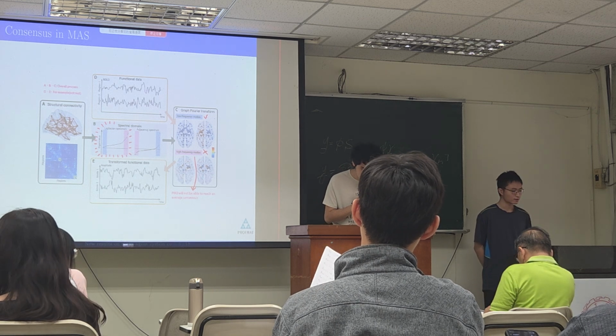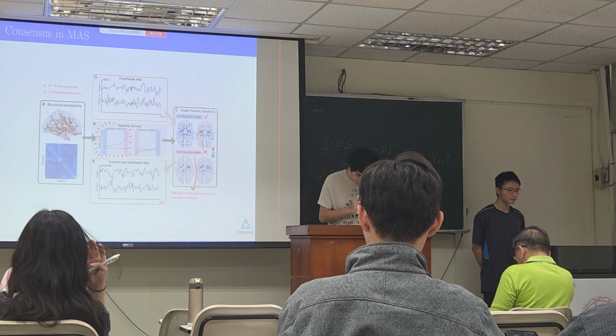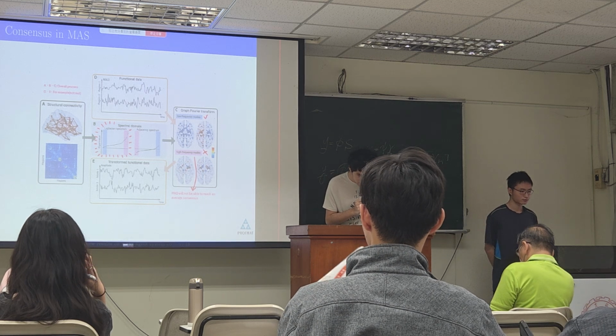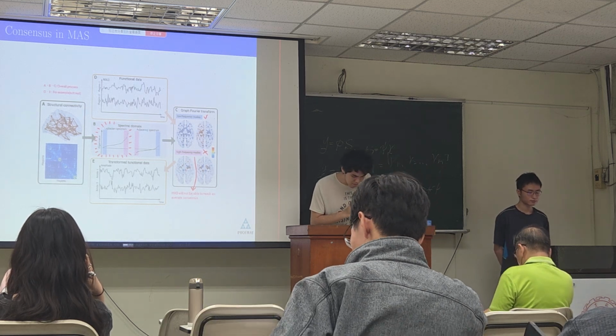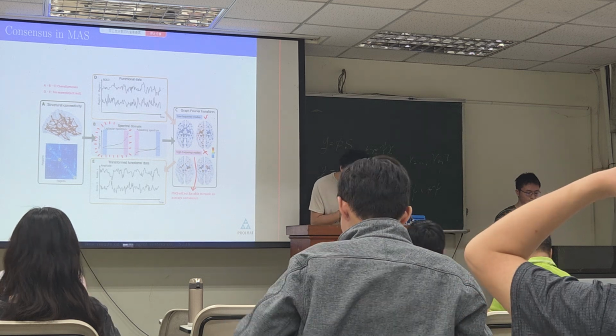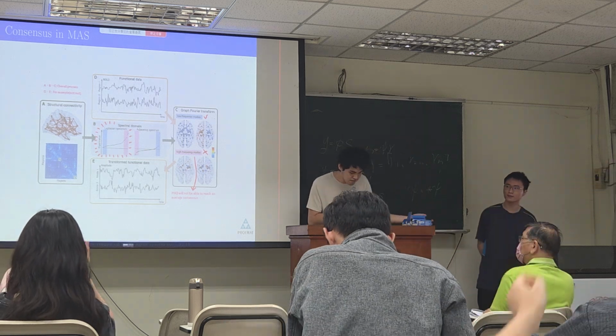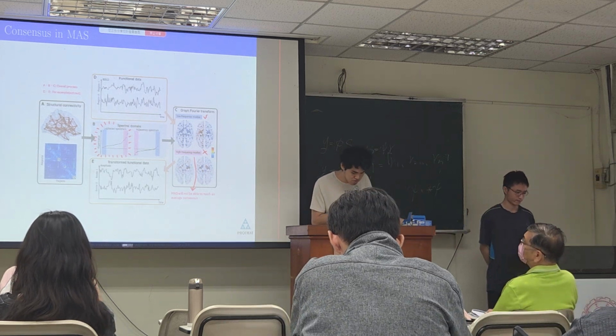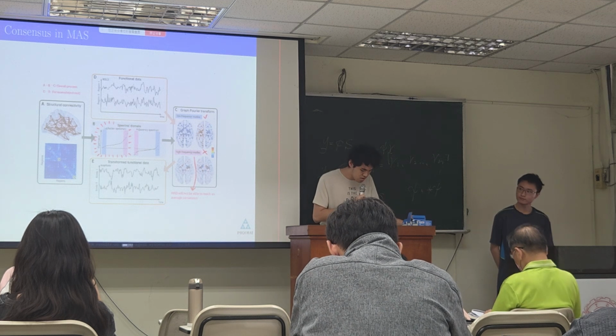It retains only the 0 frequency component and suppresses the higher frequency components. This allows the system to smooth out the individual agent differences and converge to the average value.